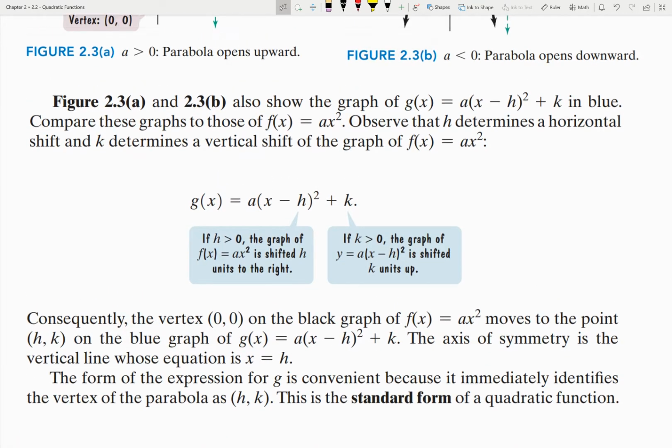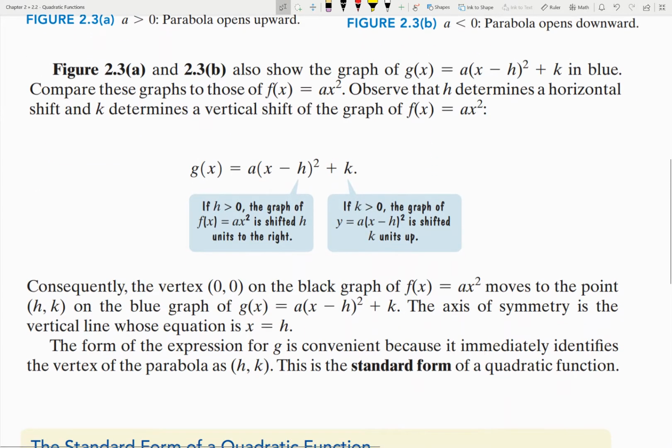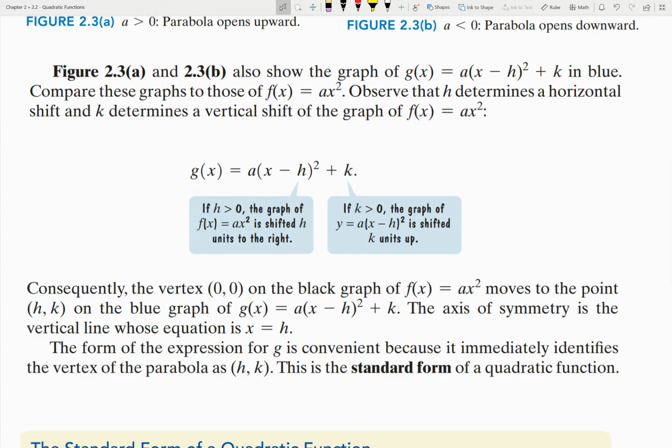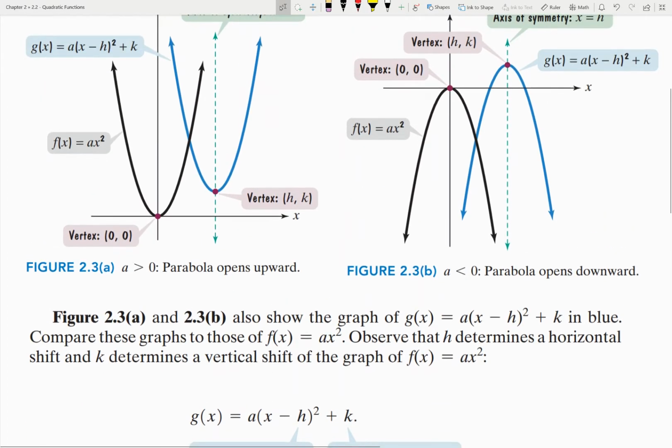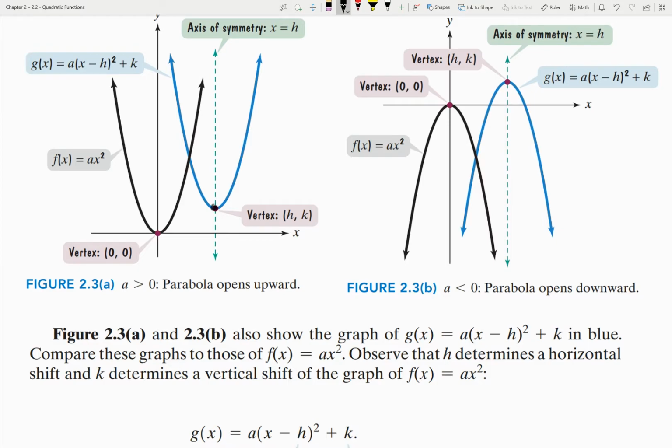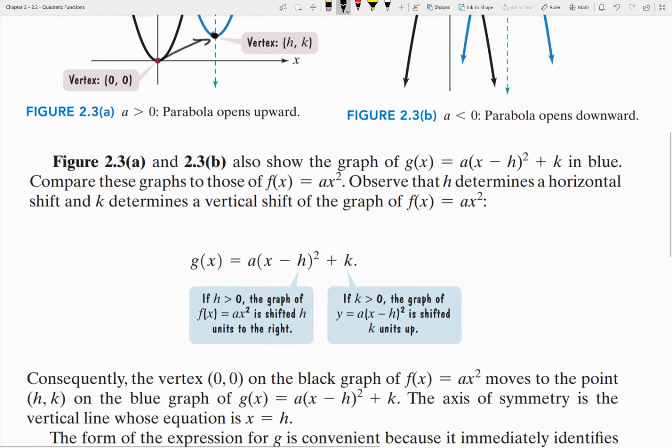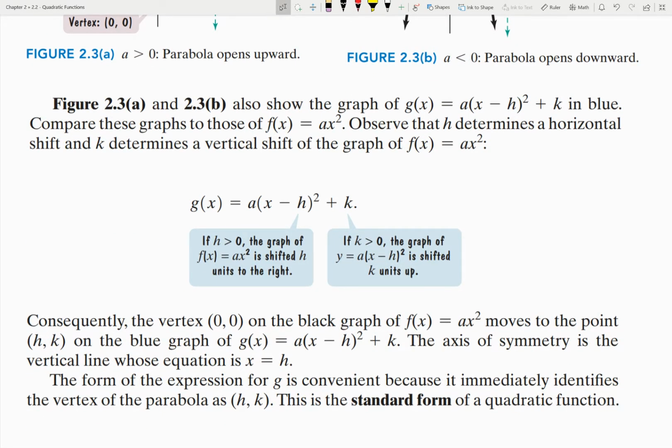So these two pictures of the parabola also show the graph of a transformation, right? A function with a different vertex. We moved this vertex in both cases up and to the right, okay? We have an equation that we can use for a parabola that takes those transformations and incorporates them into the equation.